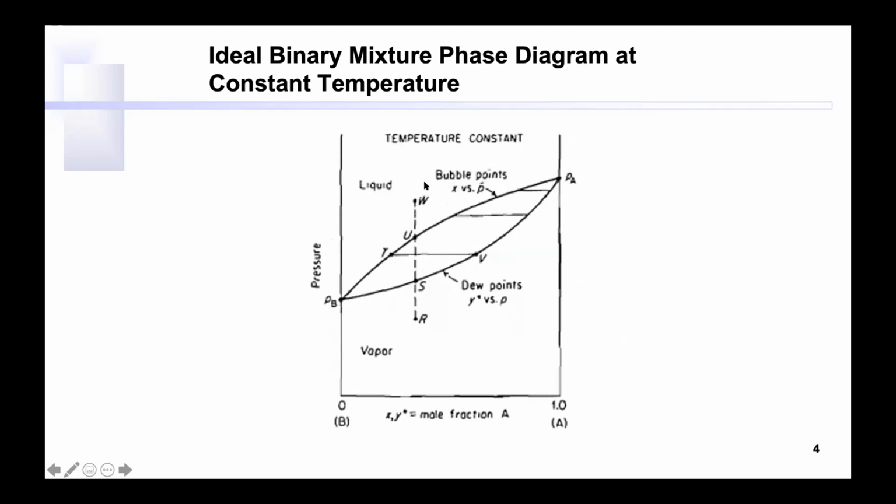So for example, this is W. W is liquid, and if we lower the pressure up to U, it becomes a saturated liquid, or this is called the bubble temperature.